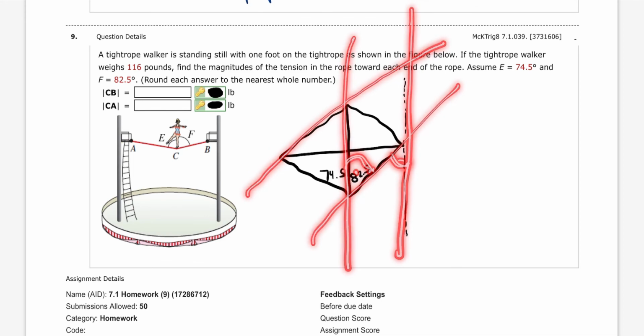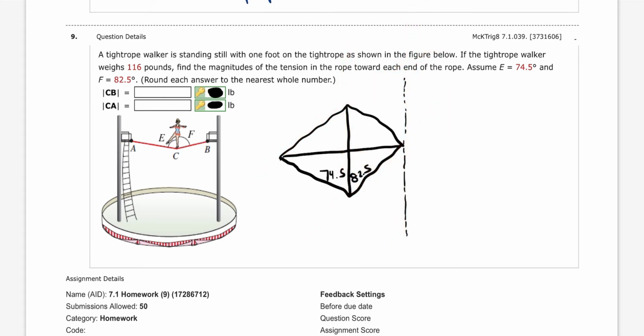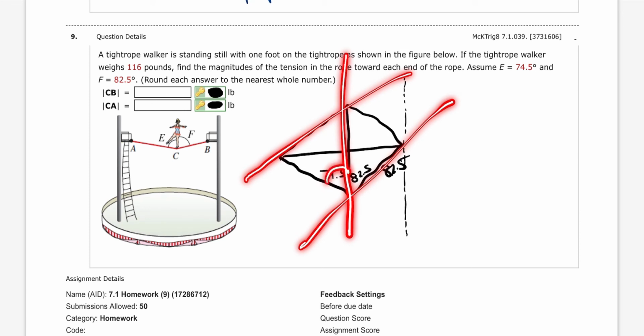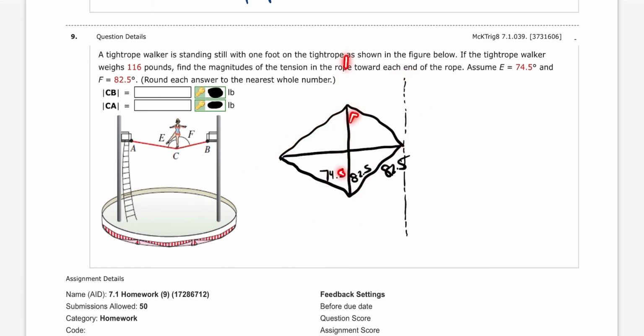So this one and this one have to be equal. So this is 82.5 here. All right, and then similarly, these two are congruent, and then since this one is equal to this one, and then this one is equal to this one, so this is going to be 74.5.